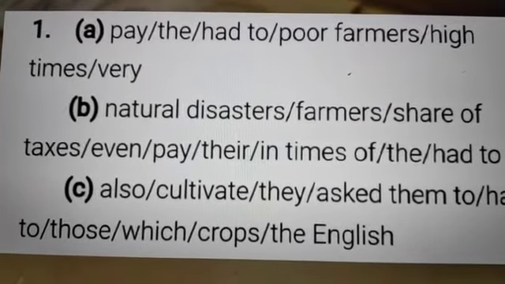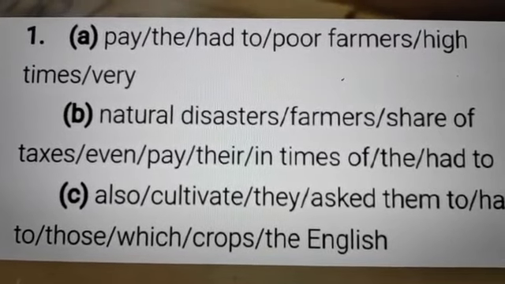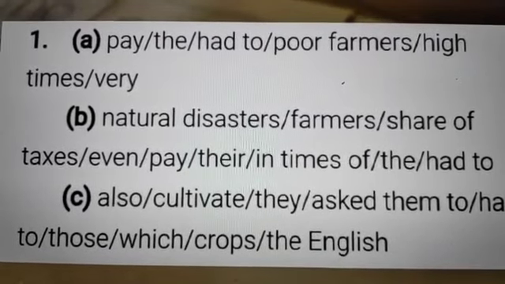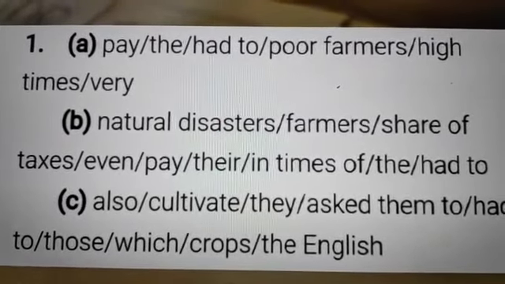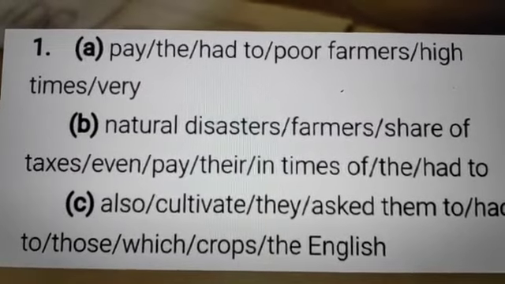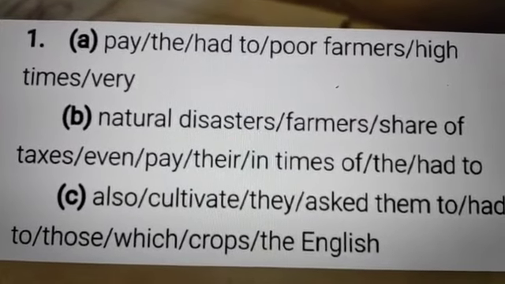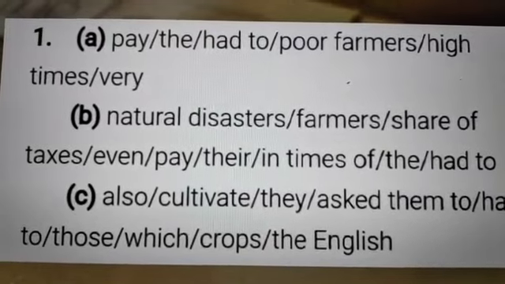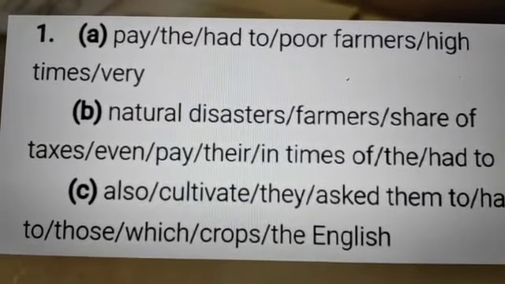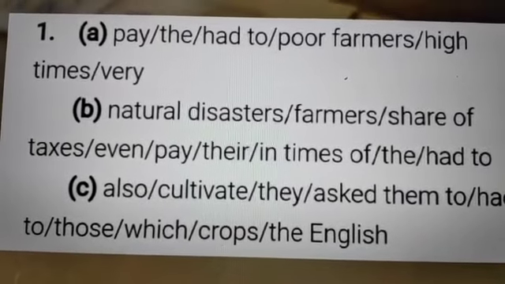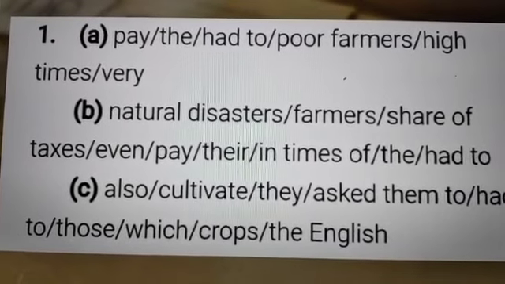And the next sentence is: also cultivate, they asked them to add to those which crops the English. So the correct answer would be: they had to cultivate those crops also which the English had asked them to.